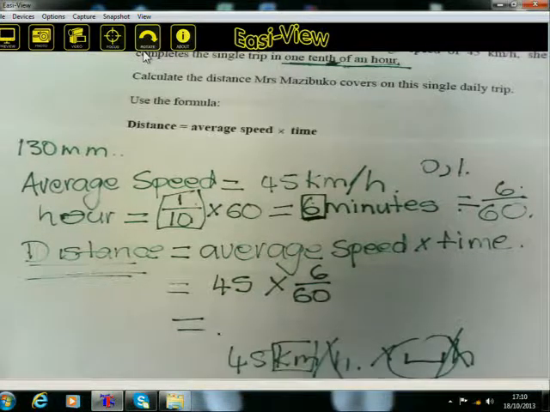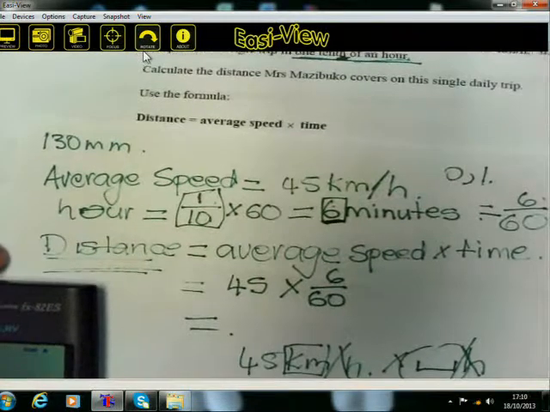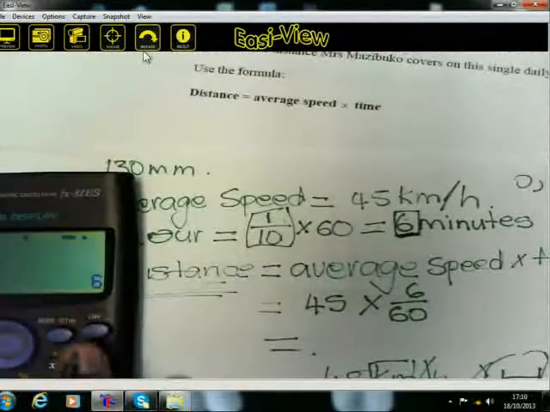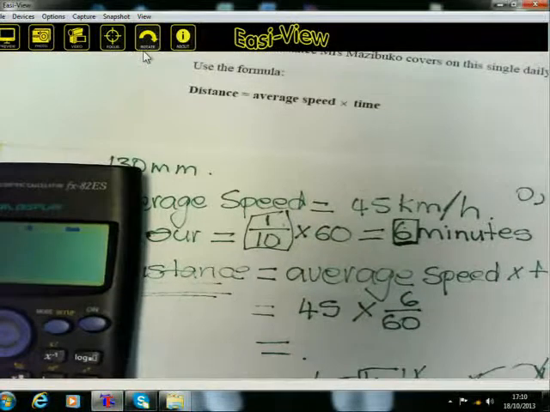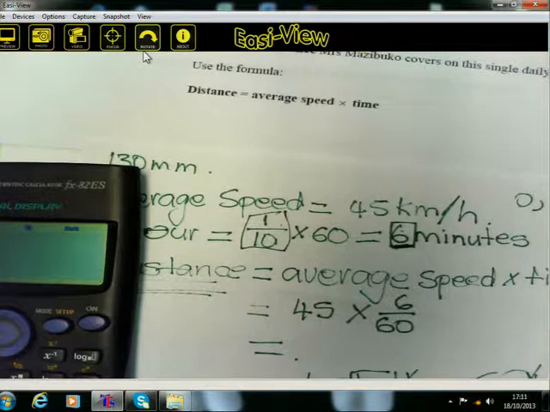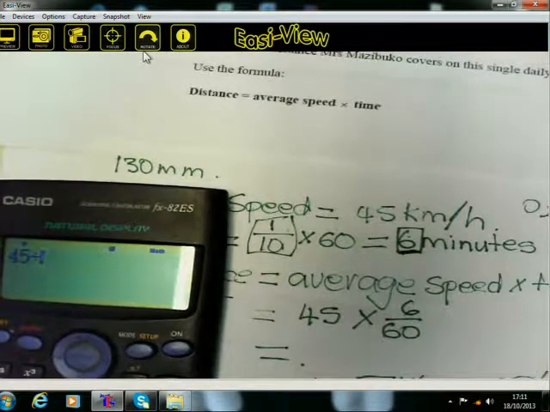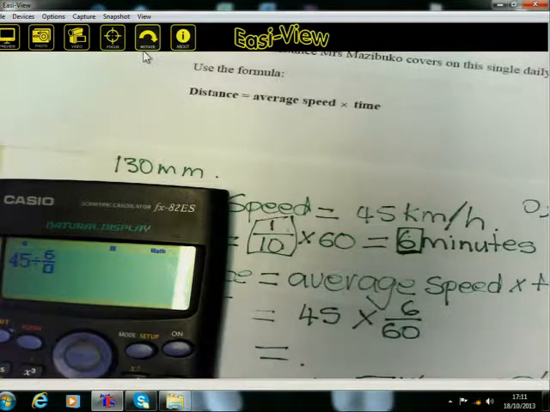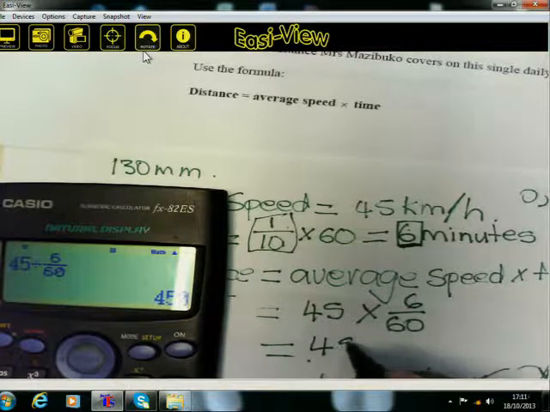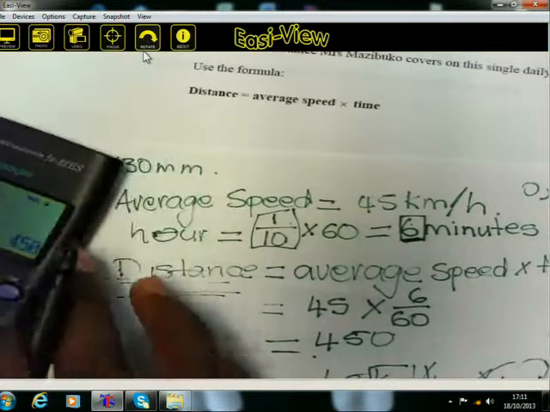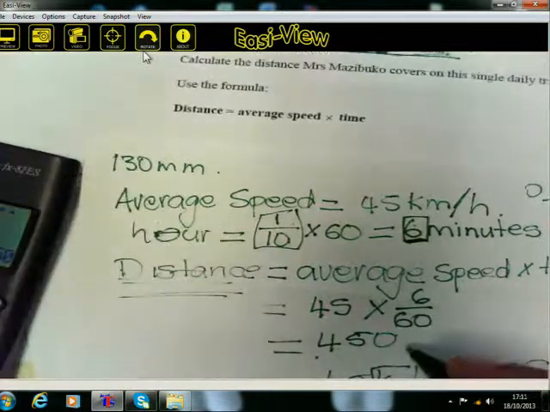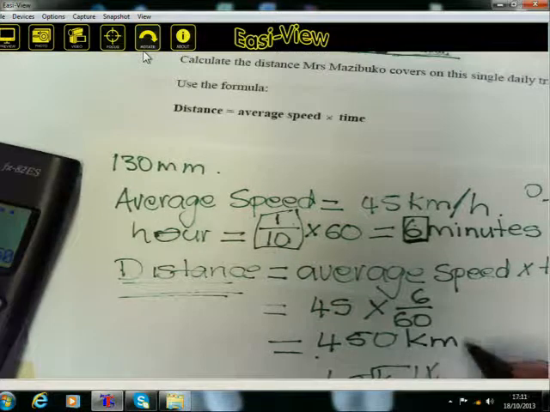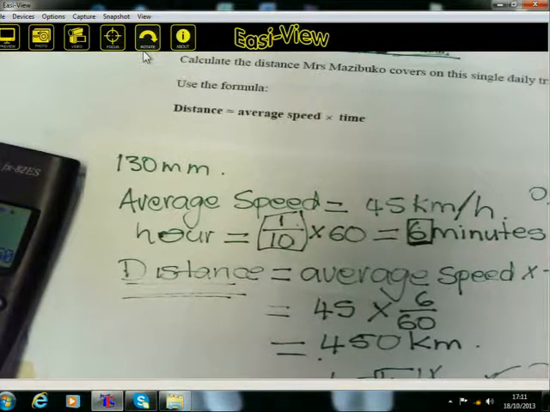Our answer: 45 divided by 6 over 60, 6 over 60 equals 450 kilometers.